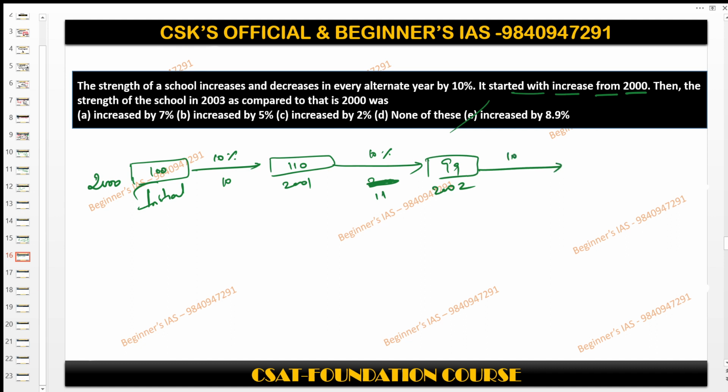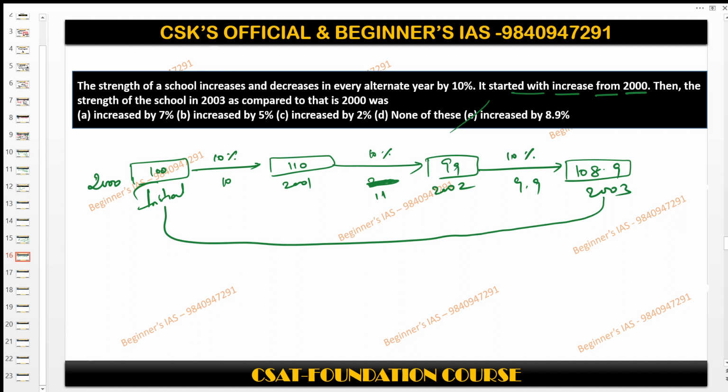So now 10% increase. So 9.9. Then 108.9, this is 2003 case. Now we have to compare this with the 2000. So subtract this one. Therefore increases by 8.9%. Clear?